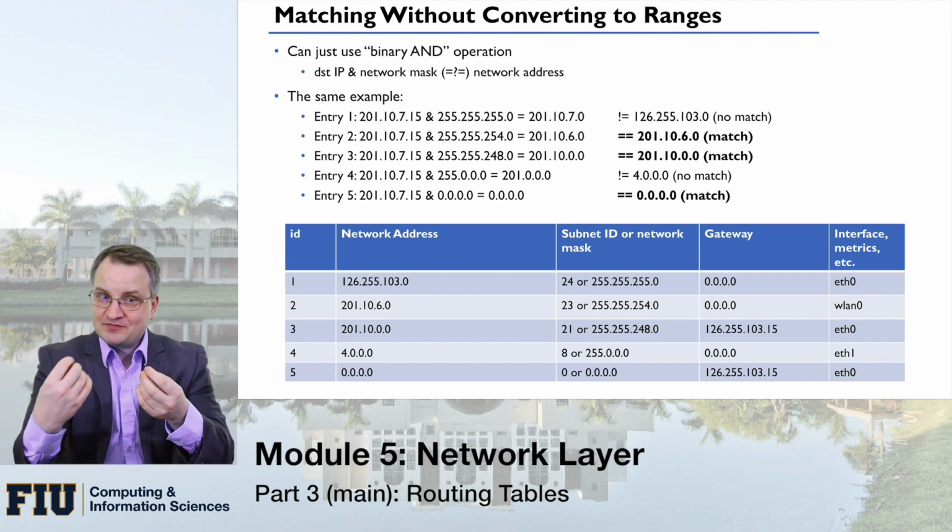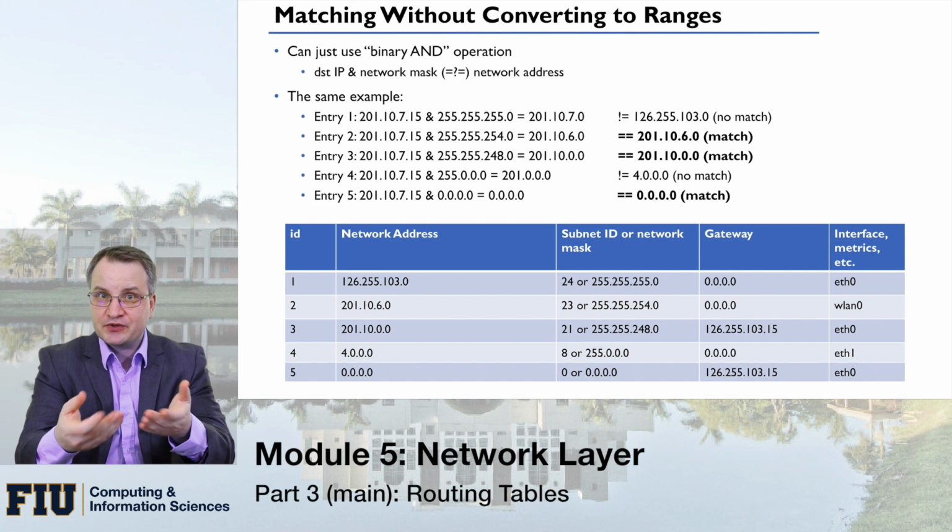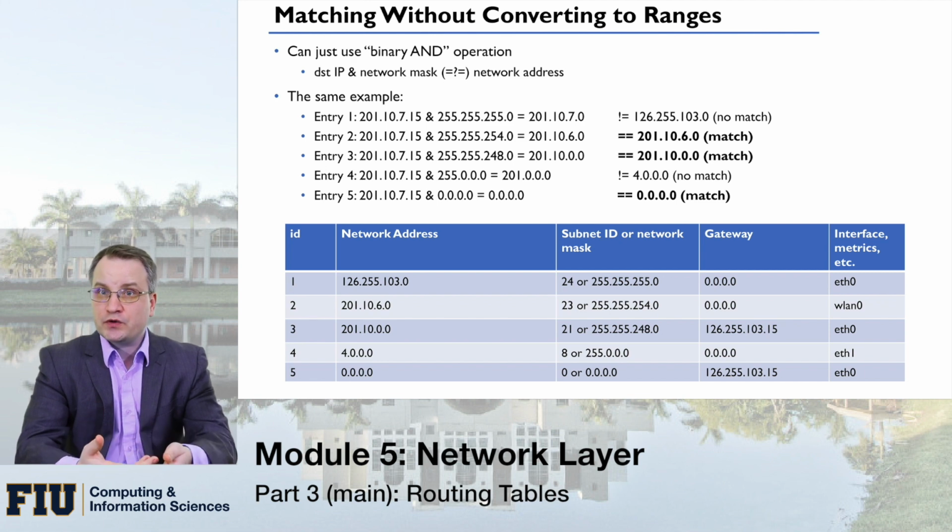The condition for whether it matches is simply whether the network address in the entry equals whatever you calculated with this binary AND operation; if so, it is a match. In this specific case, it's not a match, so it is rejected and not even a candidate, and we move forward. For entry 2, we do exactly the same operation, but we pick a different subnetwork mask.